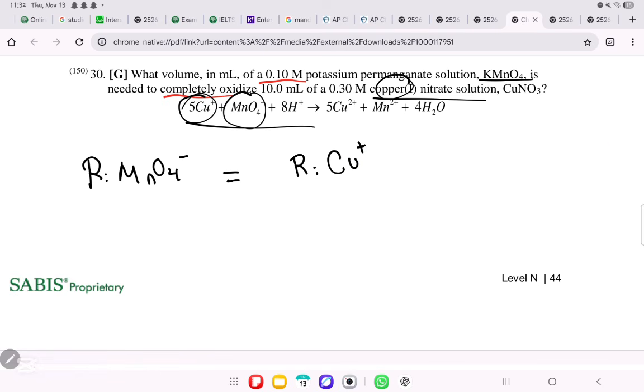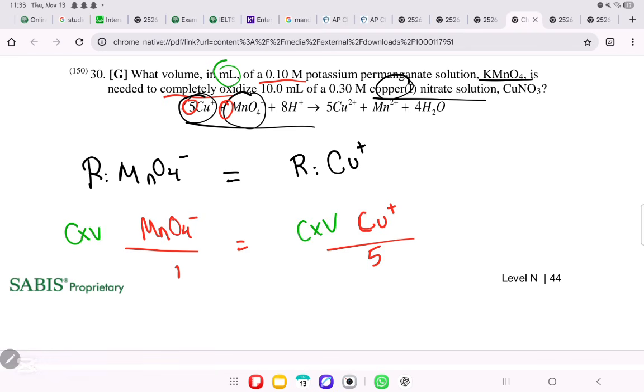What does this mean? This means the number of moles of MnO4- over 1 is equal to the number of moles of Cu+ over 5. Why? Because number of moles over the coefficient. Now, what are they looking for? They are looking for the volume of the potassium permanganate, right? So n is equal to CV, so it should be C times V here, and C times V here.